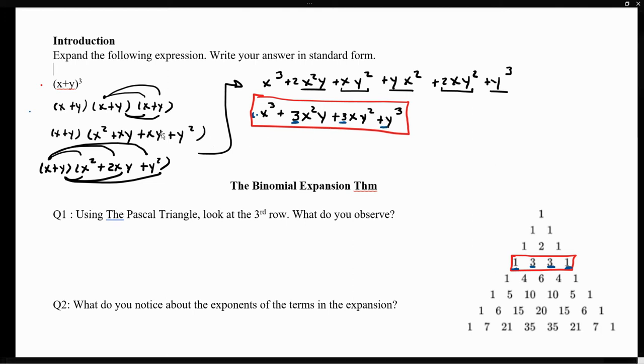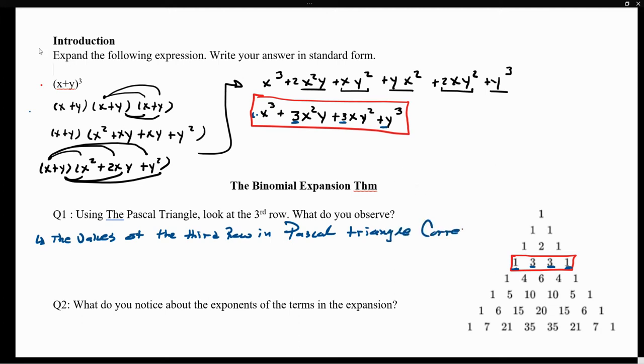So the first thing that we can observe is that the values of the third row in Pascal triangle correspond to the coefficients of the terms in the expansion.